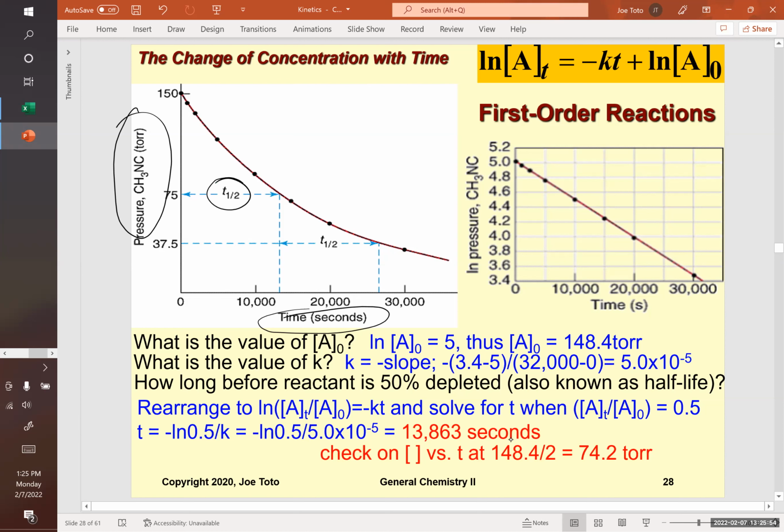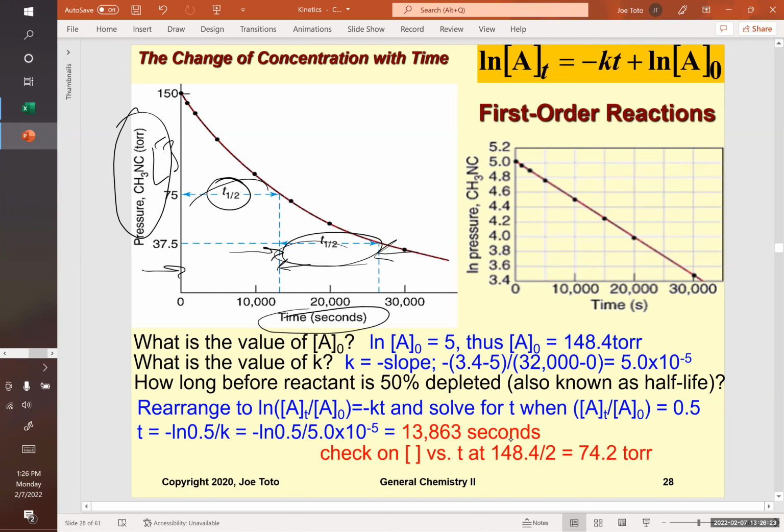So it always takes the same amount of time. That's this chunk of time is the same as the next half-life, this chunk to this chunk. So this is the same as this one. All right, now this is just concentration over here versus time.